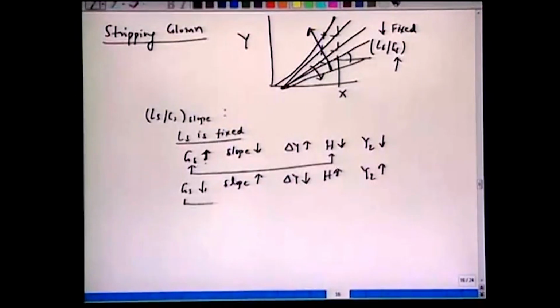So again we see this cost effect here. All right, so one can also do some cost analysis to see that there is an optimum amount of Gs or height of the column which will give us the desired result.